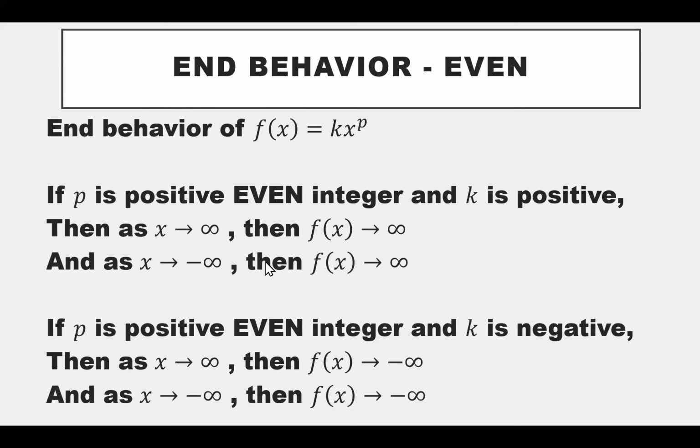And what we just saw was that if p is a positive even integer and k is positive, then as x gets bigger and bigger and bigger, my y value goes off to infinity. And then as x moves towards the left, my function goes out again to positive infinity.